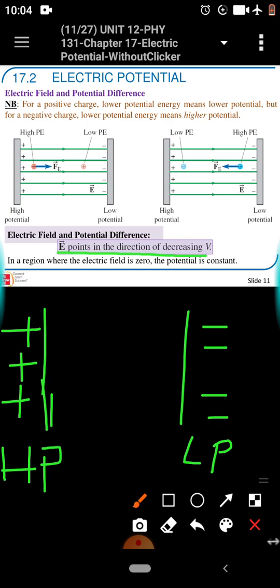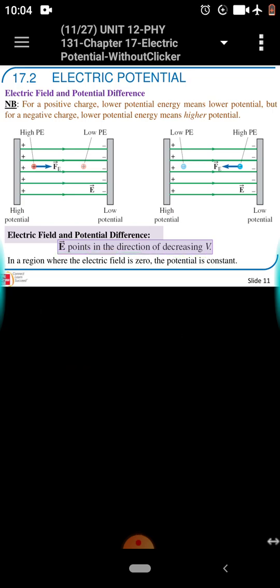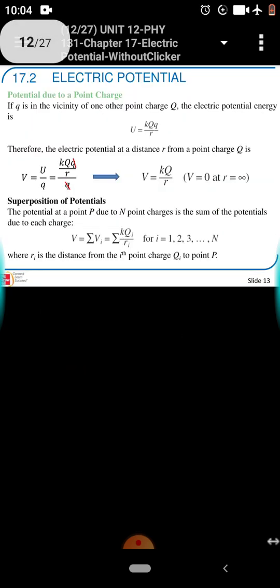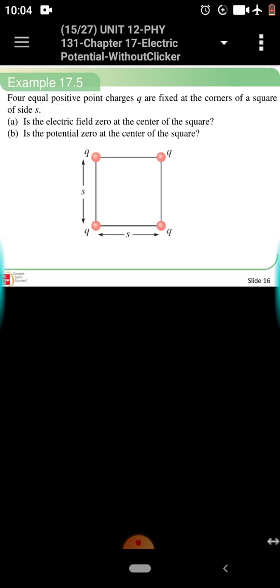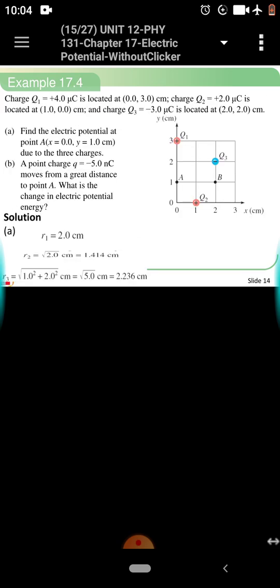Going in this direction is a direction of decreasing potential. So the electric field points in the direction of decreasing potential. This explains that. Now let's go over this example.